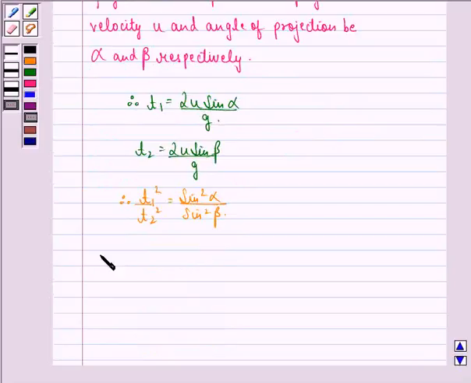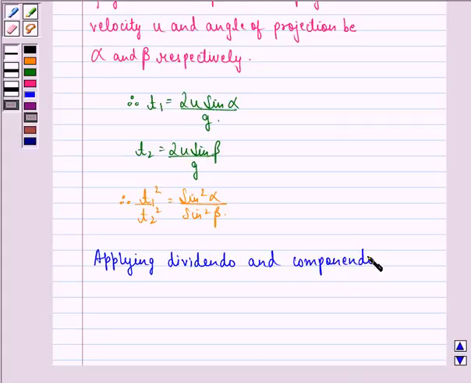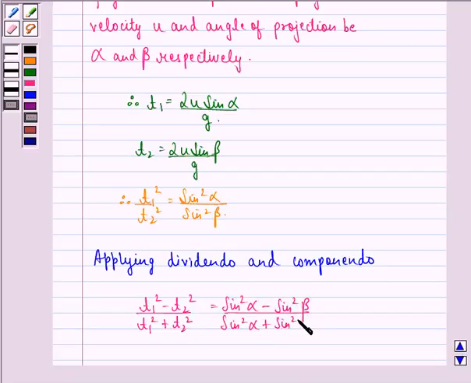Now, applying dividendo and componendo, we get (t1 square minus t2 square) divided by (t1 square plus t2 square) is equal to (sine square alpha minus sine square beta) divided by (sine square alpha plus sine square beta).